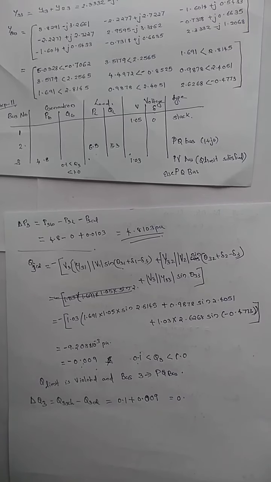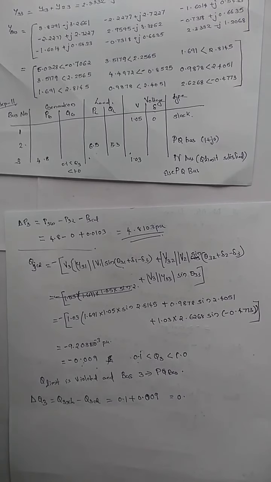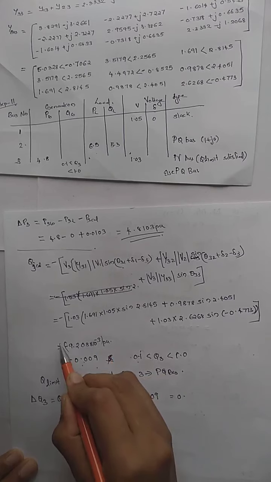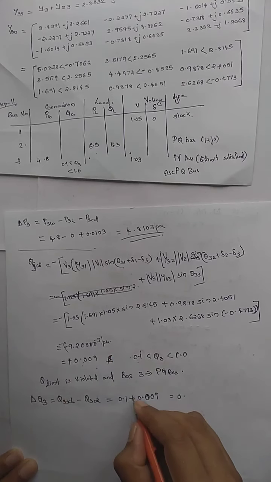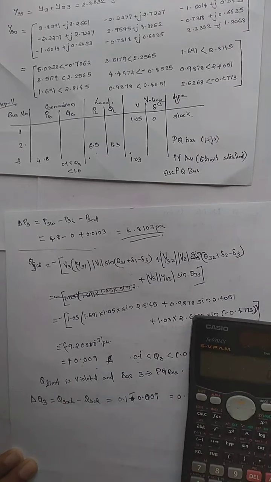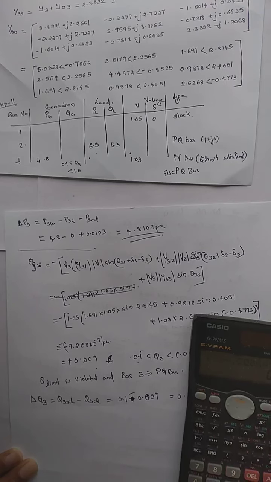Wait a minute. Q3 I have to take a minus here, and then it will become plus, so it will be minus again. So what will I do? 0.1 minus 9.208 into 10 raised to minus 3.